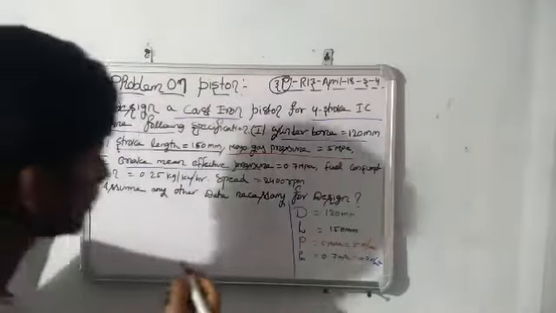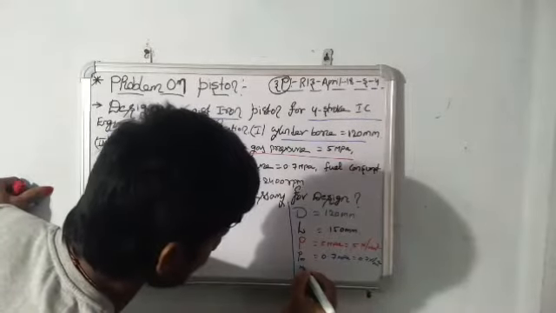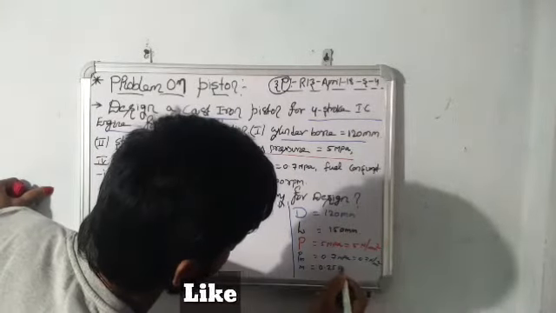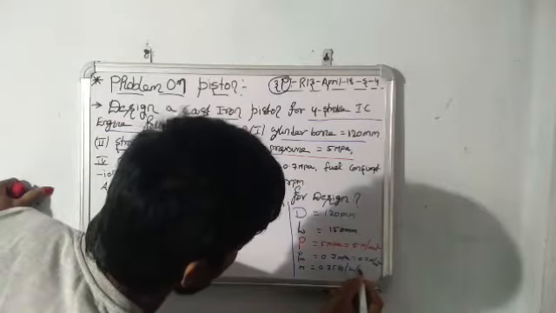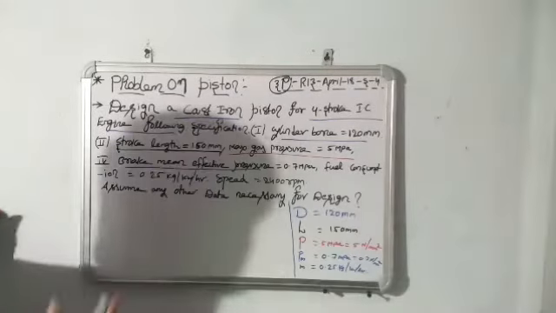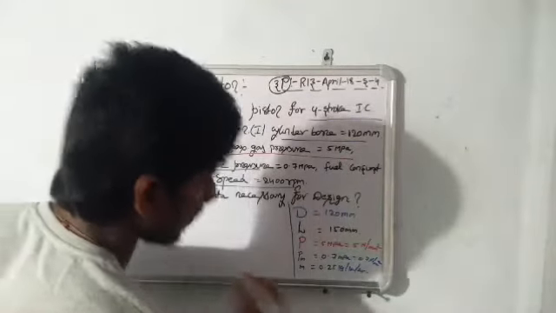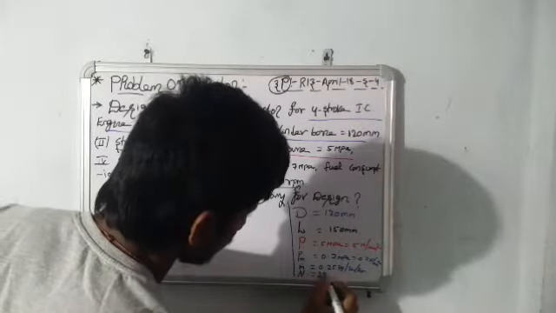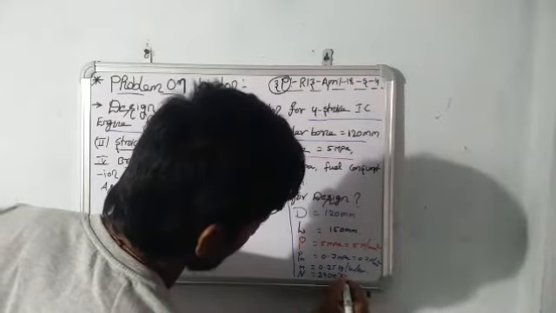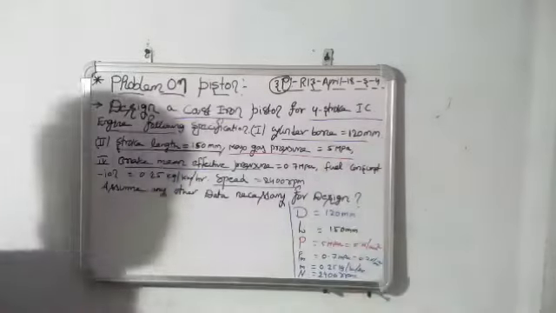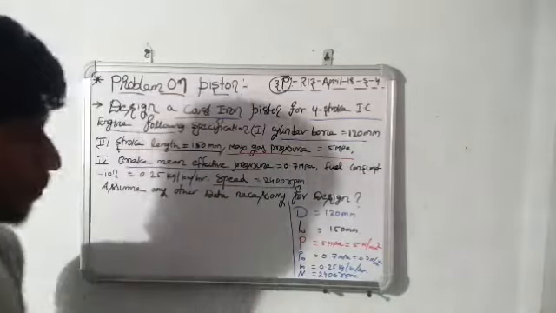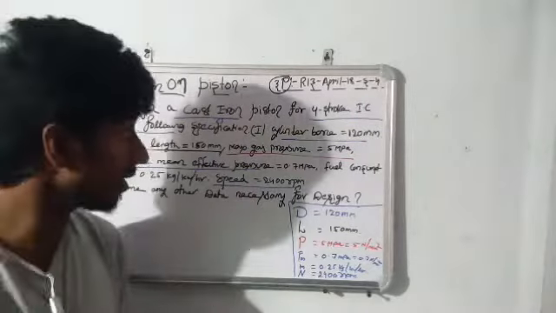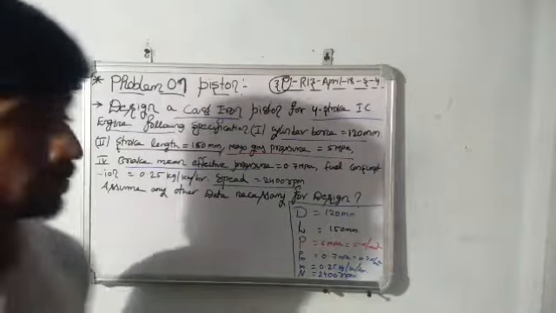Finally, fuel consumption, that is mass of fuel, 0.25 kg per kilowatt per hour. And finally speed, indicated by capital N, equal to 2400 rpm. So this is the provided data in the problem, and based on this data we are going to design a proper piston.